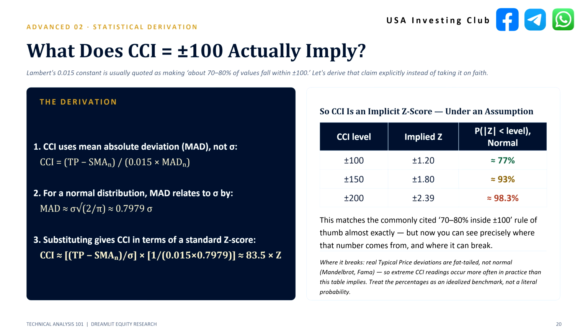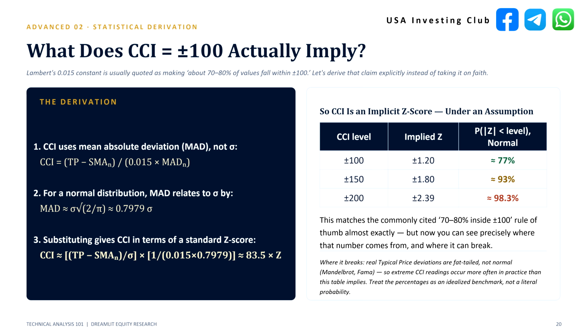Lambert's 0.015 constant inside the CCI formula is usually quoted as making about 70 to 80% of values fall within plus or minus 100. Let's actually derive that claim rather than take it on faith. CCI uses mean absolute deviation, not standard deviation. CCI equals TP minus its SMA divided by 0.015 times the mean absolute deviation.